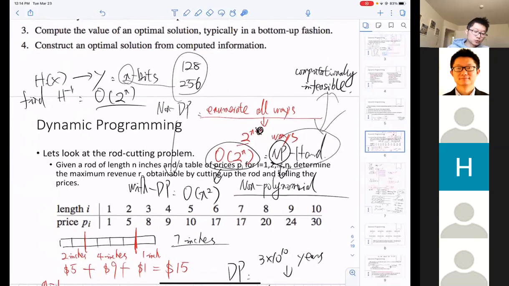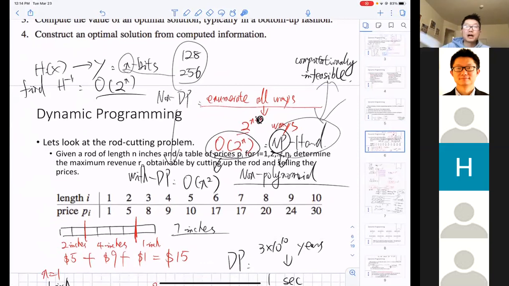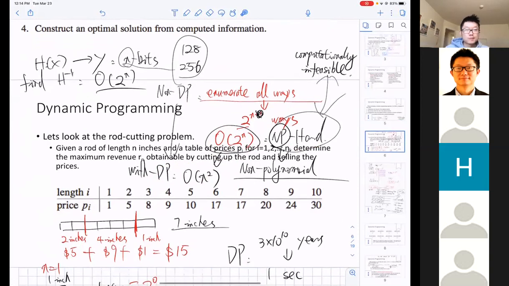No. Oh okay, that's where I was getting confused. It's the complexity without dynamic programming. If we just try the most basic way, which is to enumerate all the possible solutions, then the complexity is going to be 2 to the power of n, which is NP hard. But with dynamic programming, we can reduce the complexity to n squared. Oh okay, all right. Thank you. No problem.